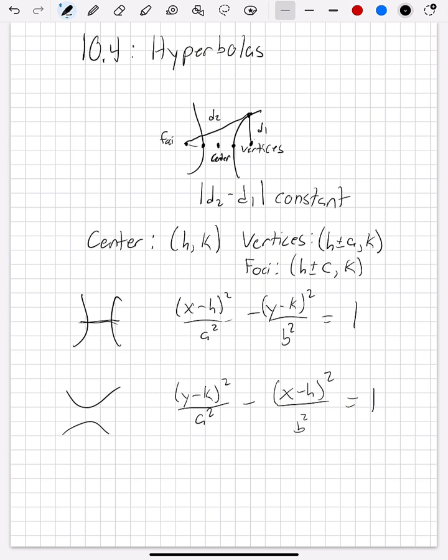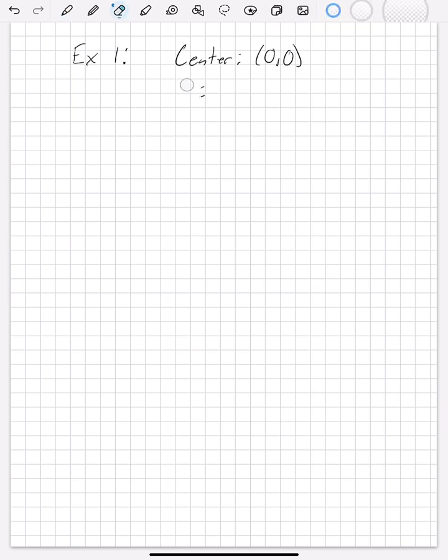So let's just look at an example here real quick, and it'll be enough to get you through the homework because it's just finding the standard form. I've got a hyperbola with a center at (0, 0). My foci are at plus or minus 5, 0.